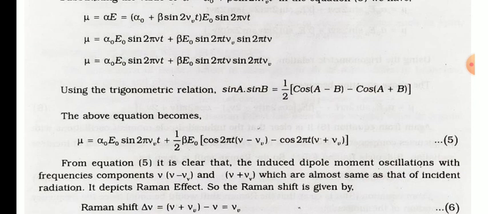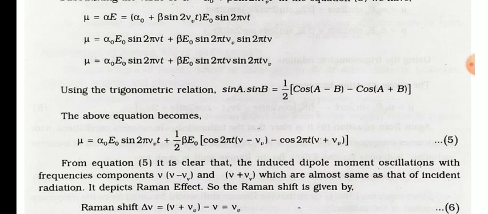The middle term, 1 by 2 beta E naught cos 2 pi t into bracket nu minus nu V, means the frequency is decreased. Once the frequency is decreased, its wavelength increases, so this middle term corresponds to the Stokes line.